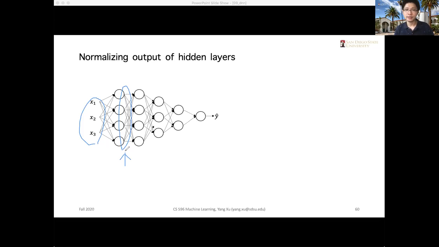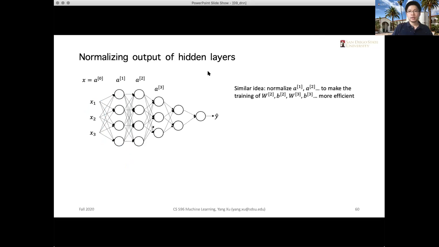So unnormalized activations can still have the possibility of a terrible distribution that is narrowly shaped. And we don't want that, because those narrowly shaped distributions are hard to optimize, hard to find the theoretical minimum. So similar ideas will be applied. We want to normalize the activations in the hidden layers so that the parameters will be trained more efficiently.